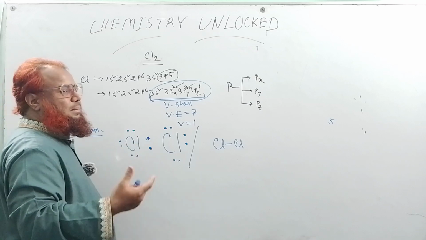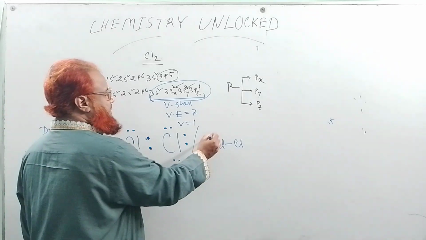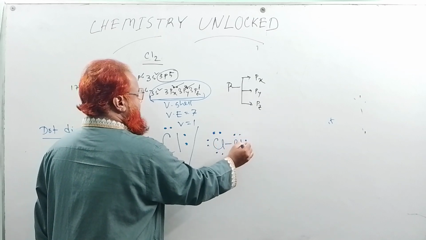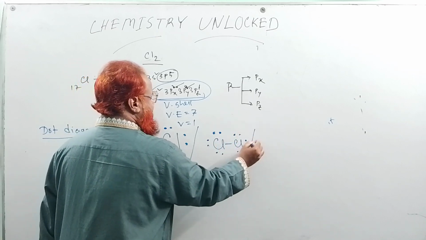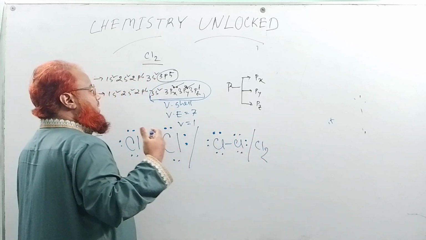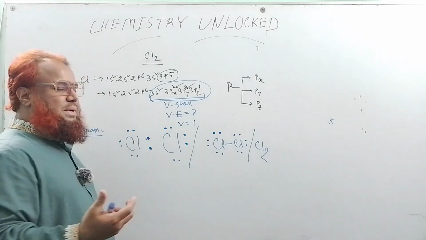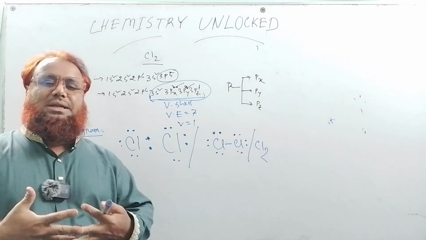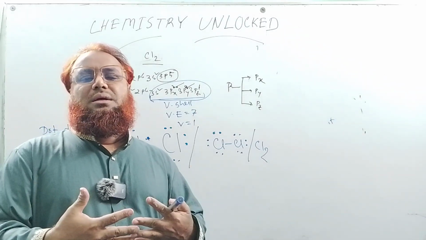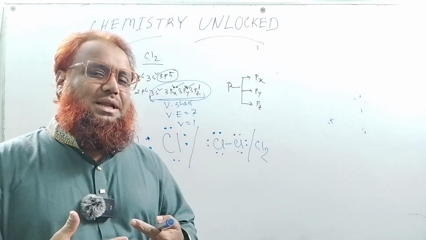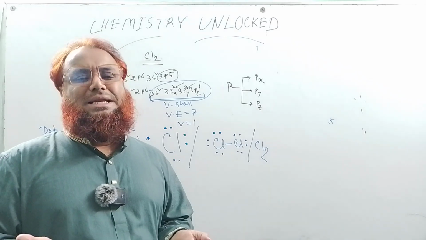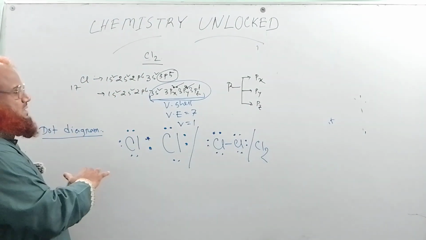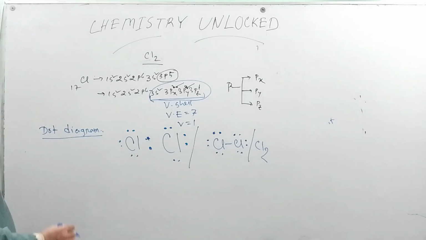These are non-bonded electrons, that is lone pair electrons, present in the valence shell of chlorine. You must draw these electrons because the chemical bond is happening in the outermost shell. So sharing is happening in the outermost shell, and you have to show the electrons present in the valence shell. So this is the simple dot diagram of your chlorine molecule.